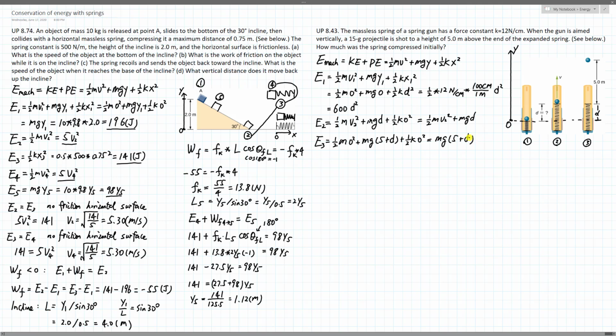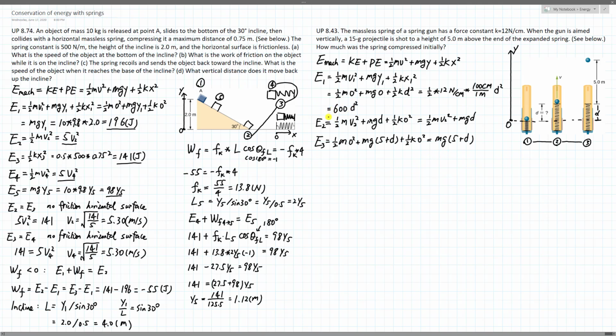Okay, and in this question there's no mention of friction anywhere, so we can assume that friction doesn't exist. So then in between 1 and 2 we have mechanical energy conservation, and between 2 and 3 we also have mechanical energy conservation. So we can use E1 equals E2, and then separately E2 equals E3, whichever. There's 2 versions of them, right? 2 out of 3. So what I'm interested in is basically looking here.